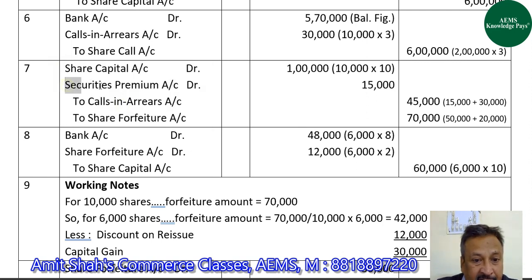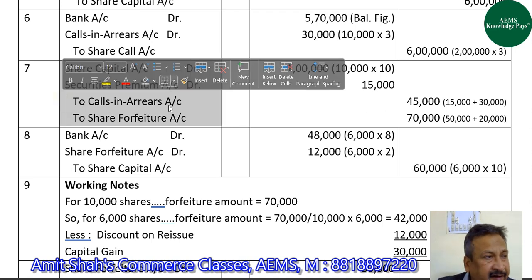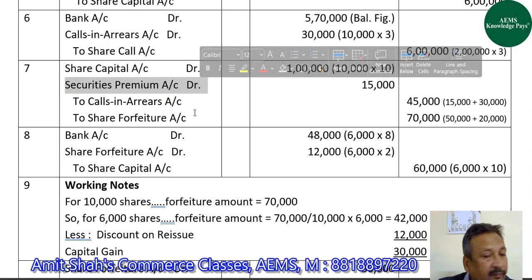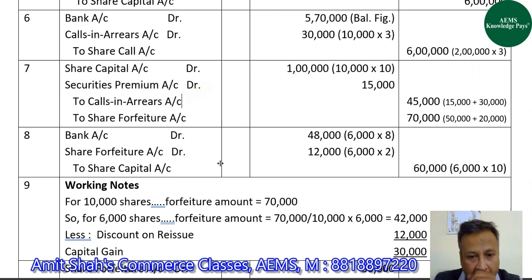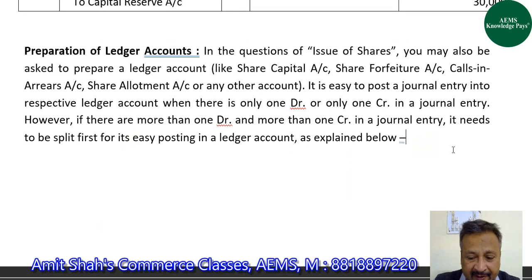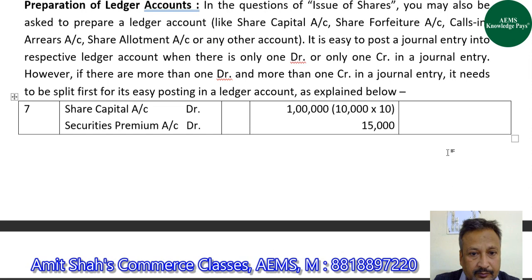Instead of calls in advance, we may also have calls in arrears here for the amount of the call which is due, but the money is not received from some shareholders. For that, we debit calls in arrears account here, right? So let's first understand how to split this entry and then to post it.